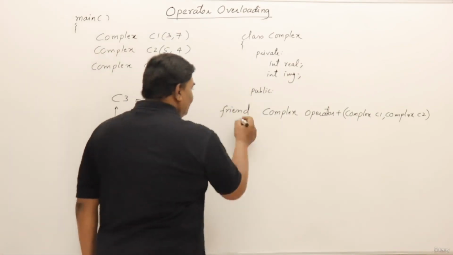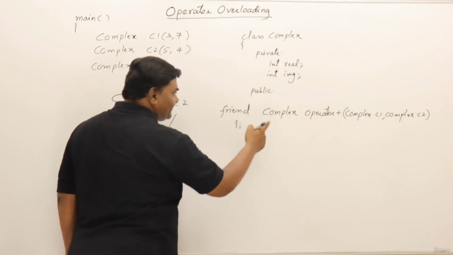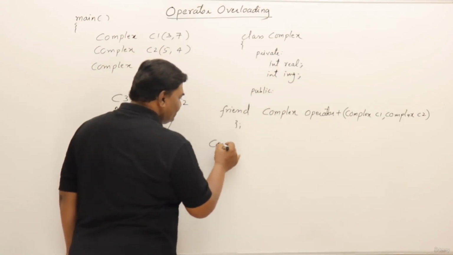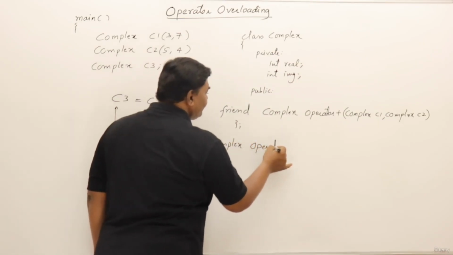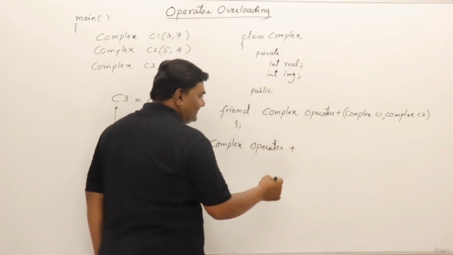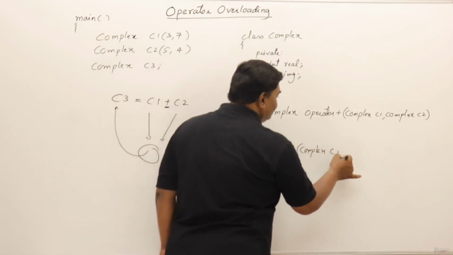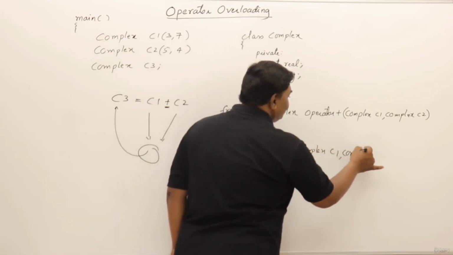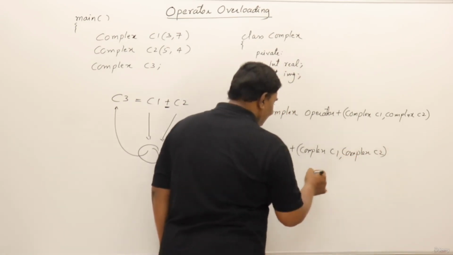So I will end the class here itself. Then I will implement this function, writing the body of this function. So this is complex operator plus, then complex C1, complex C2. So it's taking two parameters, that is C1 and C2.